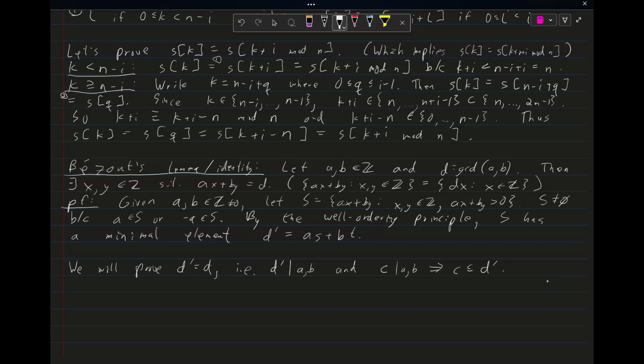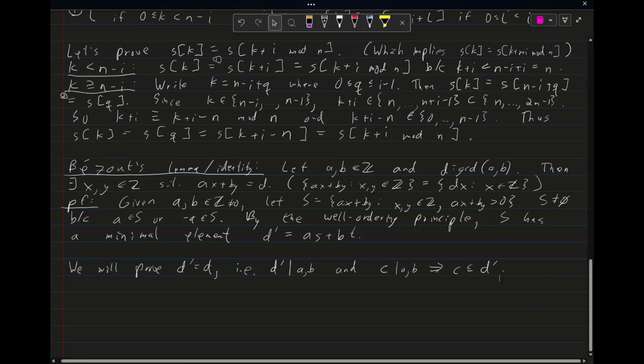This is precisely what it means to be the greatest common divisor. It has to be a common divisor, and then any other common divisor is less than or equal to it. Okay, cool.